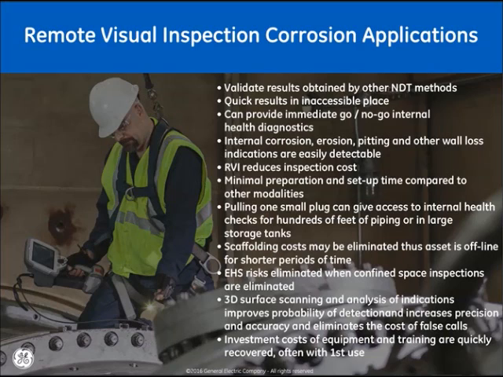There are EHS risks in any inspection, but they're greatly minimized or mitigated using RVI, adding to the significant increase in safety. Why? If you think about a confined space area, it can be inspected from outside of the inspection area, and you also eliminate a confined space entry or the need for hole watch personnel.